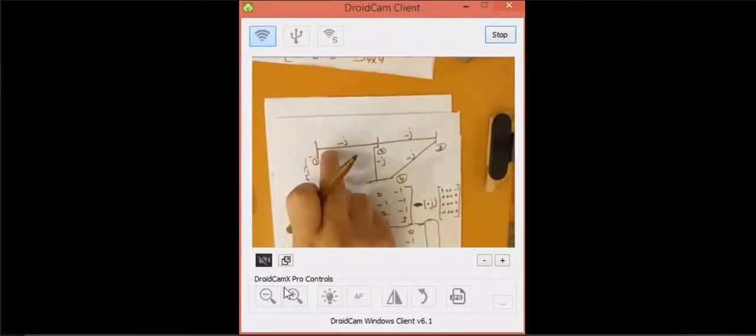Adding something to the bus is going to affect bus number 1 but it's not affecting 2, 3, 4. So this capacitor is going to affect this bus.